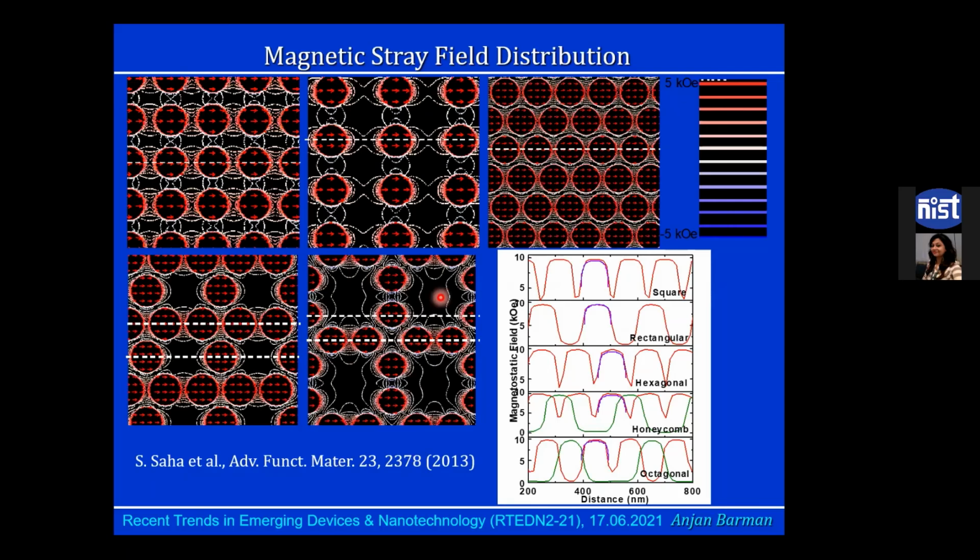Basically you cannot complete the tiling of the hexagonal and honeycomb by a single kind of tile, but you need this kind of rhombic tiling as well. As a result, the rhombic region has a different internal field profile, where the octagonal or honeycomb region has a different internal field profile, and so on. We did this internal field analysis as well to understand the mode behavior.